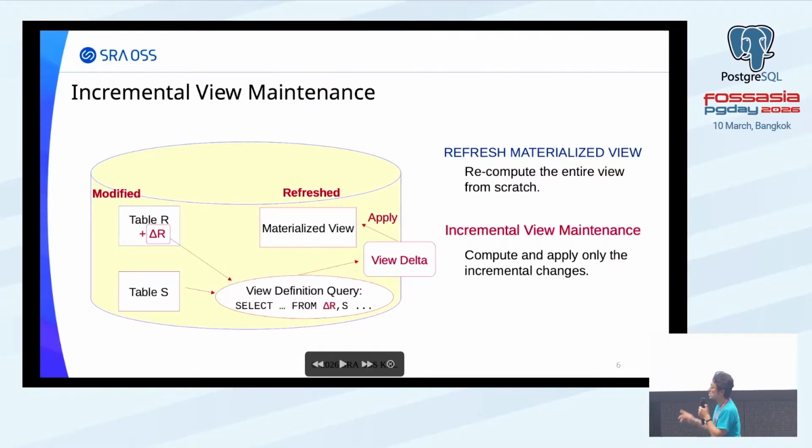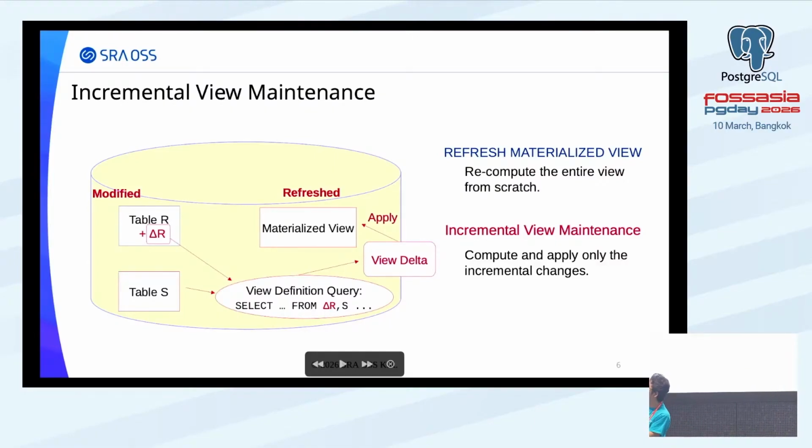So this is the situation where incremental view maintenance comes in. We call this IVM. By using IVM, it computes only the changed part.